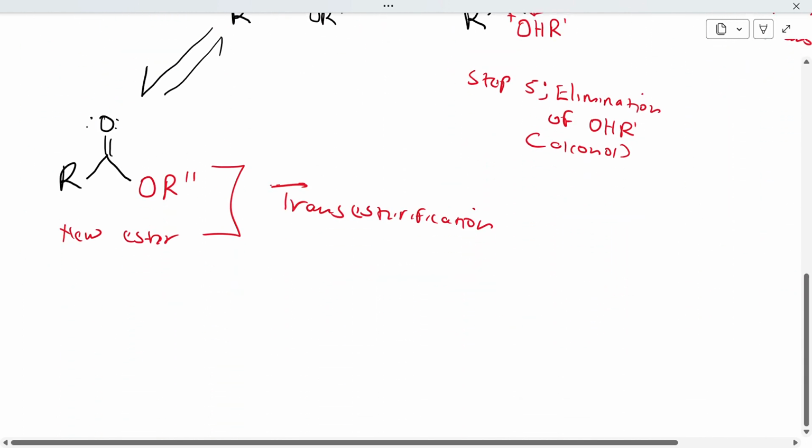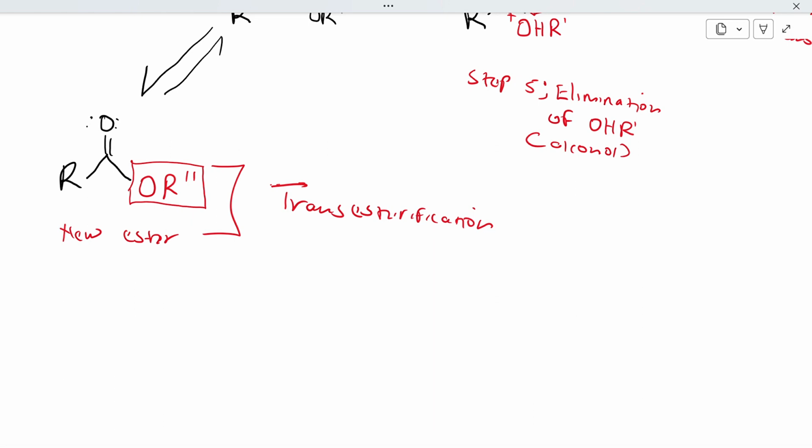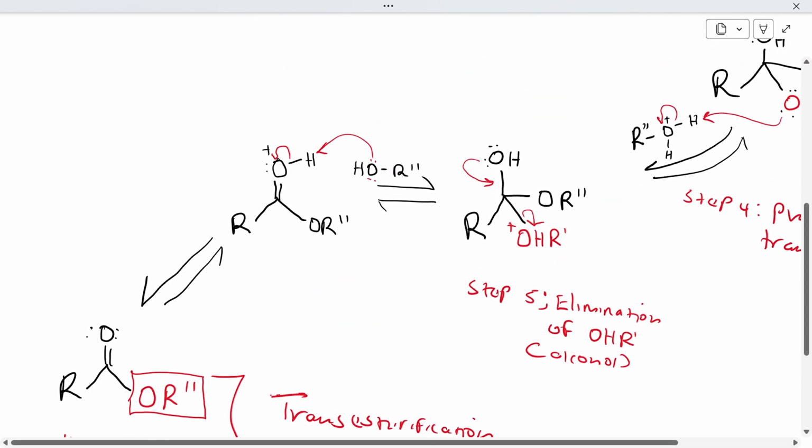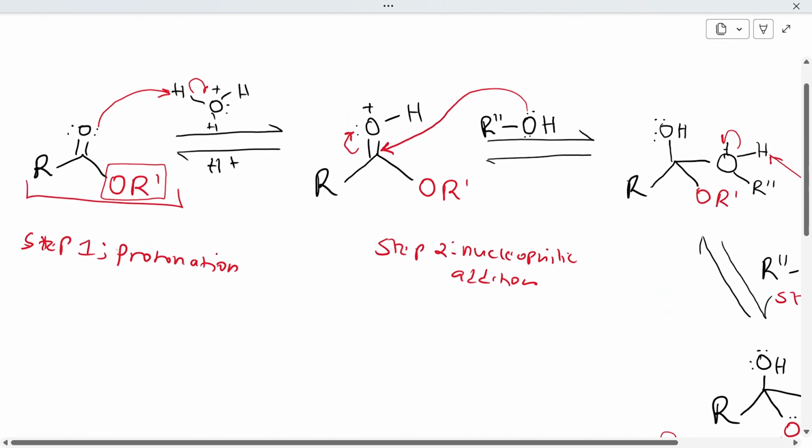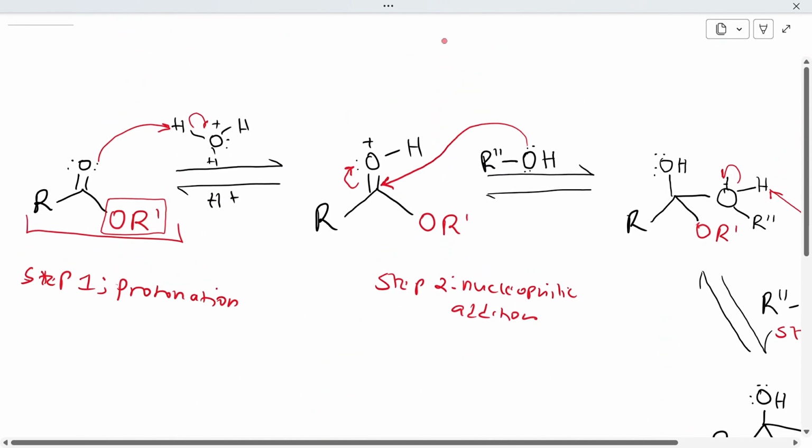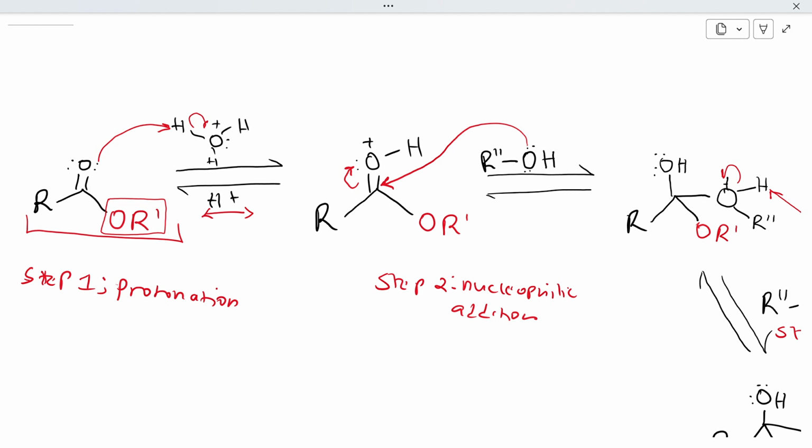So at the end of the day, we are finishing with an ester that has O R double pi in it. That's now our new ester. And the reaction took place in the presence of an acid. So it is acid-catalyzed transesterification. Thank you very much.